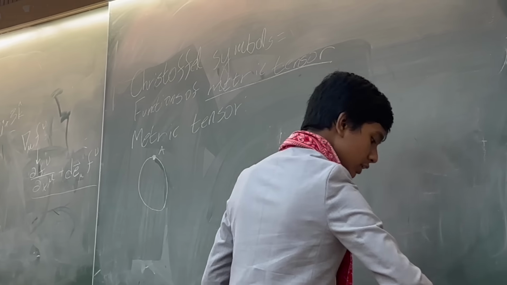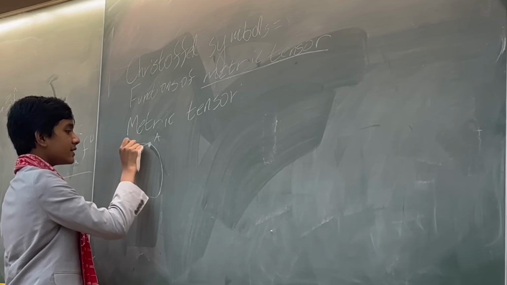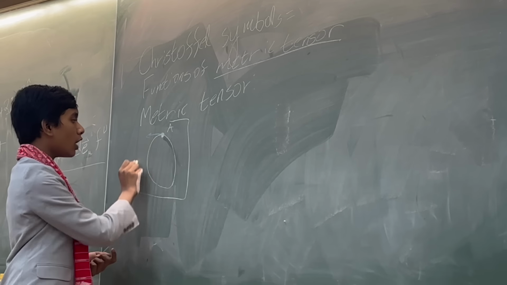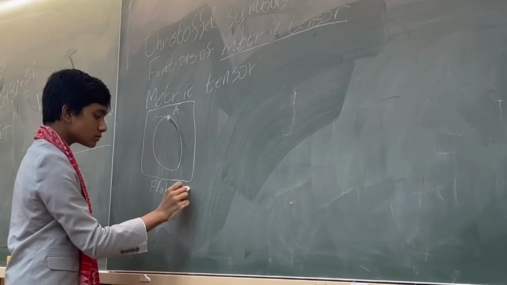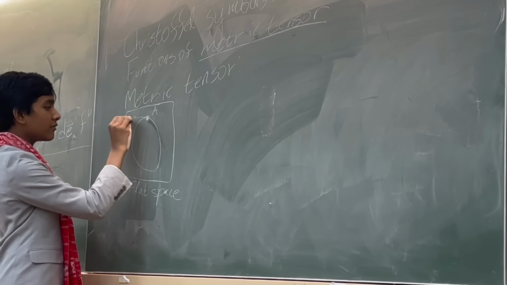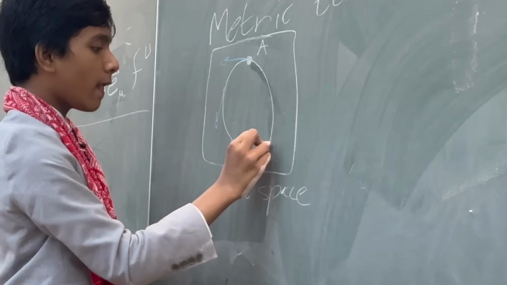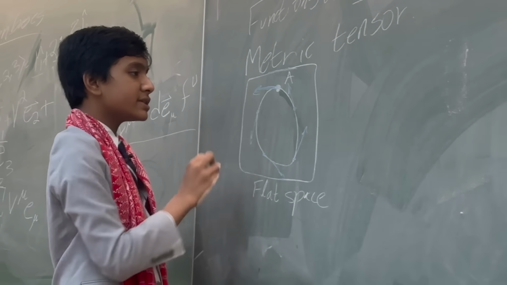Now I draw the tangent vector. So we find the tangent vector everywhere. And here we're assuming we're on a flat space-time. So we have this, it goes around again and again, and then eventually it returns back to its original position.